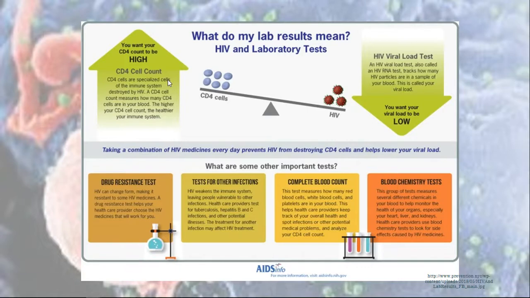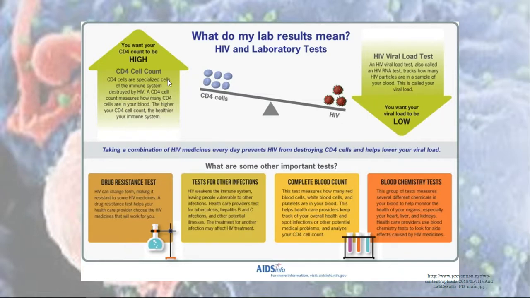So here we have a point to educate our patient on what their lab results mean. So we want their CD4 count to be high. So when we're reviewing their labs with them, we want to give them the difference and what that means for them as far as their risk for opportunistic infections.